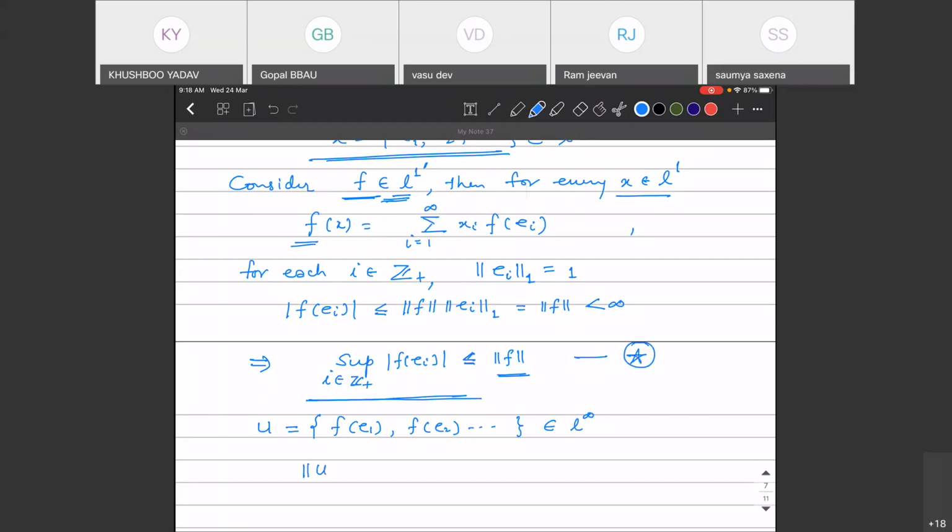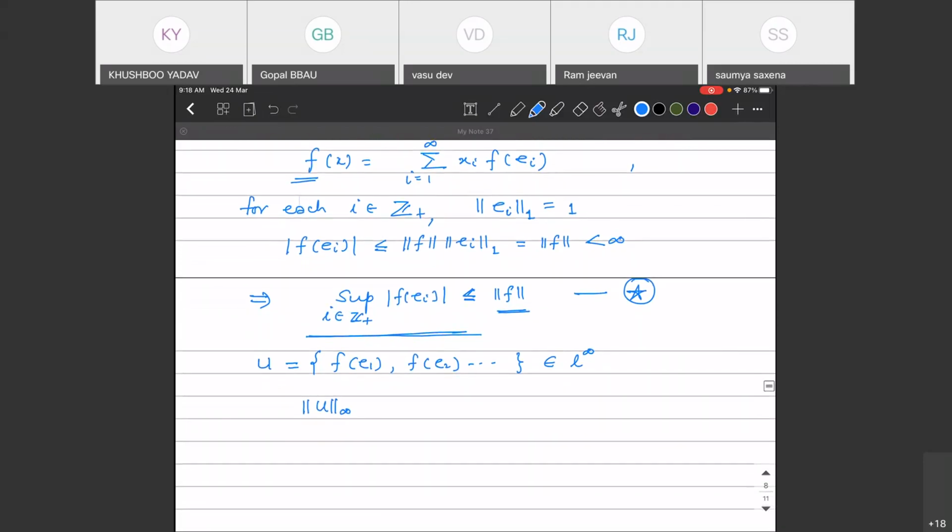So what is the norm of u in L infinity? Can anyone tell? If you have a point in L infinity, f(e1), f(e2) and so on, an element in L infinity, what is its norm?